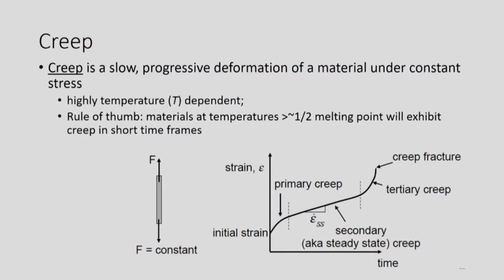Okay, creep. Creep, again, is a progressive deformation. That means you apply some stress and keep the stress constant, and you monitor the change in strain, how it's deforming. So that's called creep. Over a period of time, the strain might change. There will be primary, secondary, and tertiary creep.